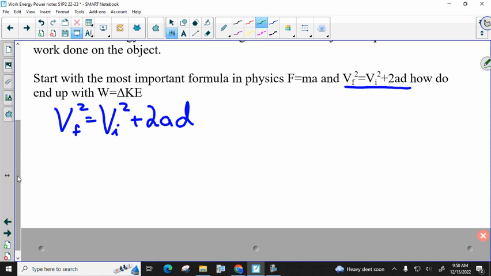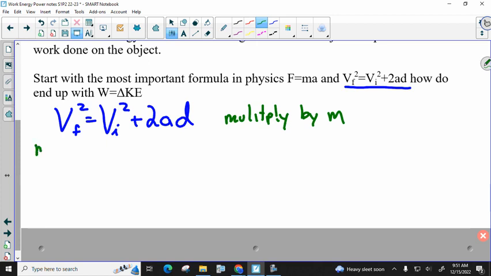All right, first thing I'm going to do is multiply everything by m, the mass of an object. Mathematically, as long as I multiply everything, I keep the equation balanced. Everything's just going to get m times bigger.